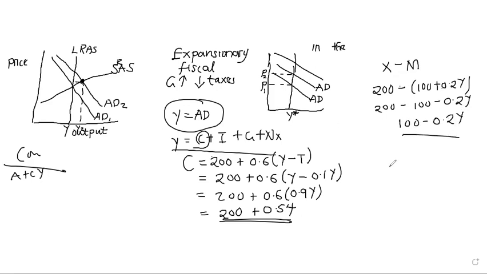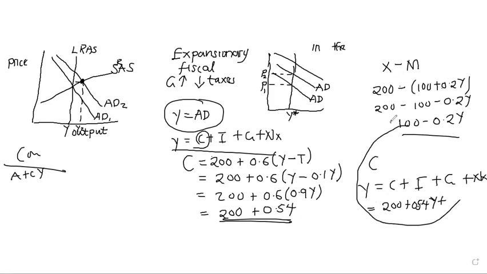After getting this, you can bring down everything and say at equilibrium, Y is equal to C plus I plus G plus NX. Our C is 200 plus 0.54Y, plus you get your I, you get your G, then plus the NX that we found. Then you just find the value of Y using algebra.